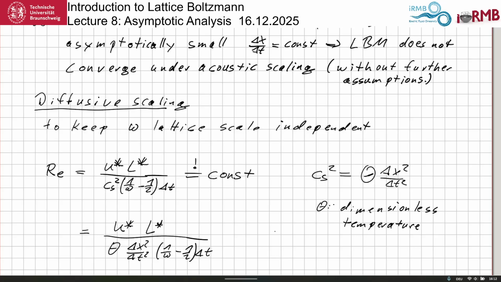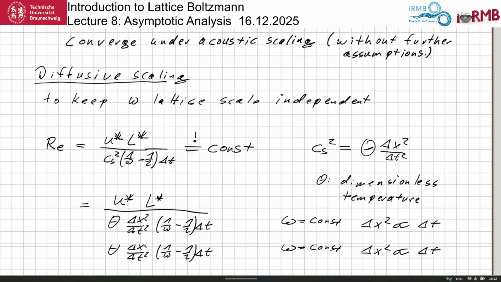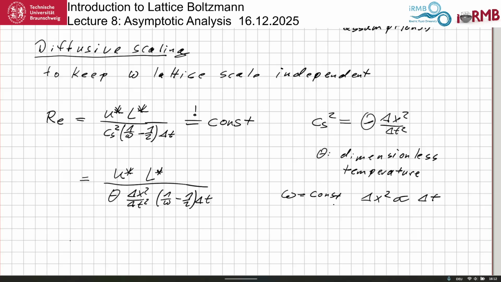And now I want omega to be constant. If you divide this, you see that this would be the case if delta x squared is proportional to delta t. And this has a consequence that C_s is the square root of theta delta x by delta t.